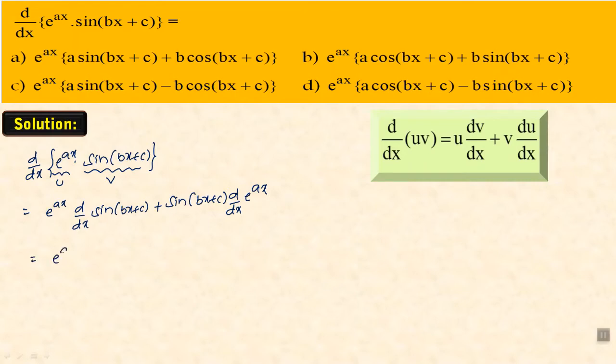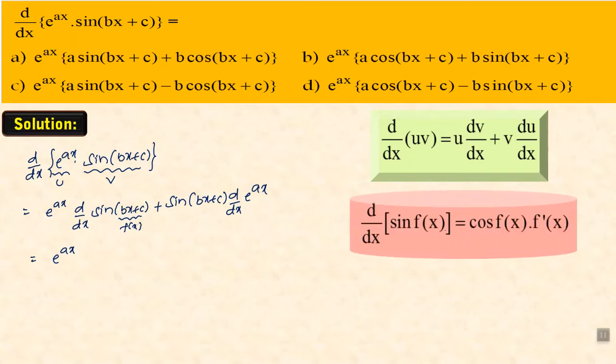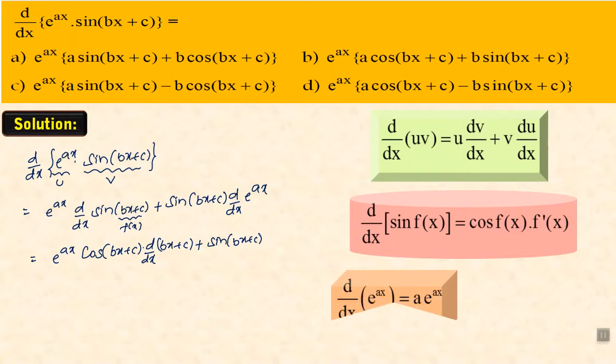This equals to e power ax into d by dx of sine of bx plus c. Here consider bx plus c as f of x. D by dx of sine f of x is equals to cos f of x, that is bx plus c, into f dash of x, that is d by dx of bx plus c, plus sine of bx plus c into d by dx of e power ax, which is equals to a into e power ax.